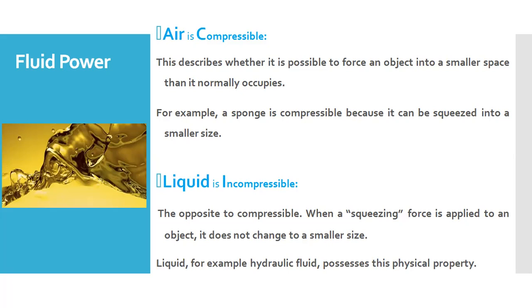But a liquid is incompressible, which is the opposite of compressible. When a squeezing force is applied to it, it does not change to a smaller size. Liquid, for example hydraulic oil, possesses this particular physical property.